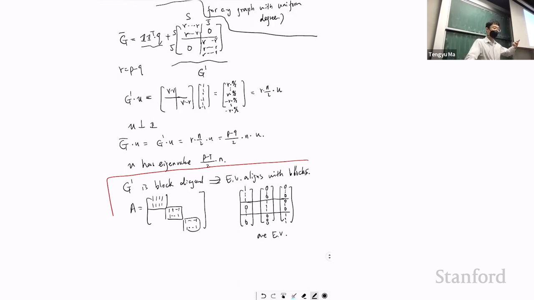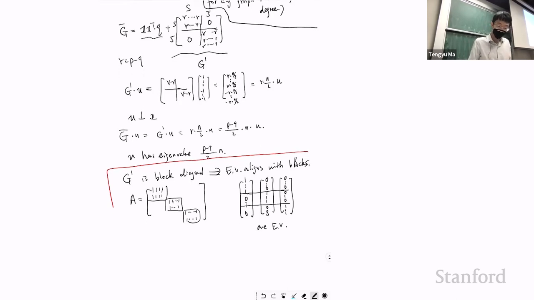So you can say that I'm going to choose the all-ones vector for the first block and zero at all the other places. That's still an eigenvector.